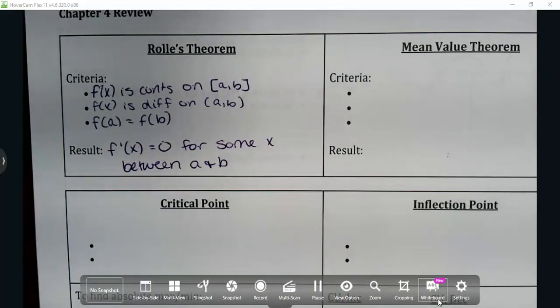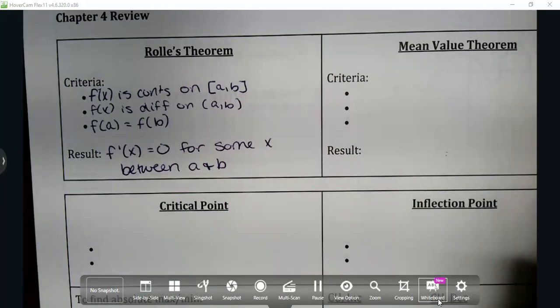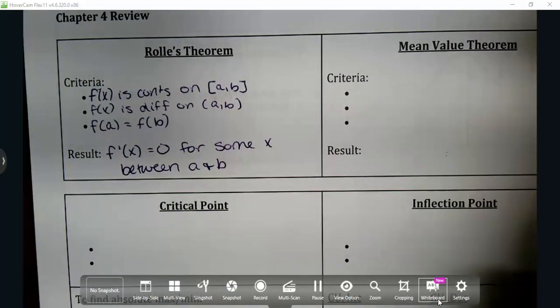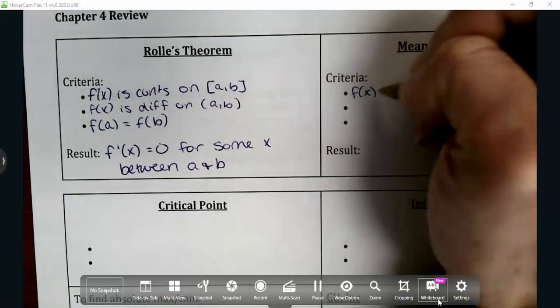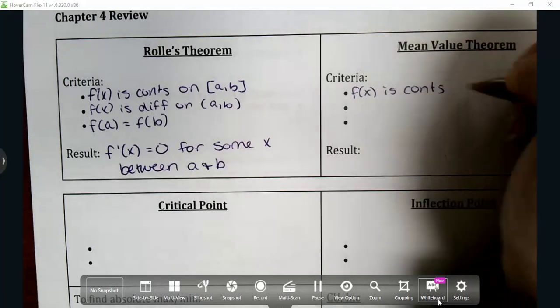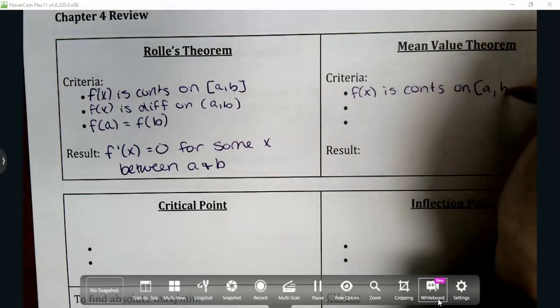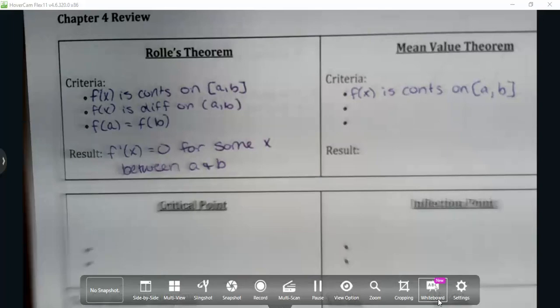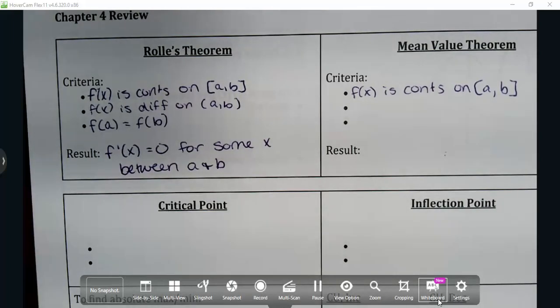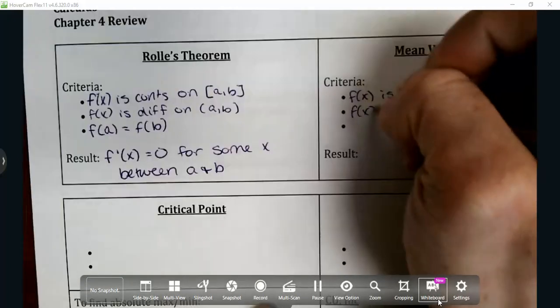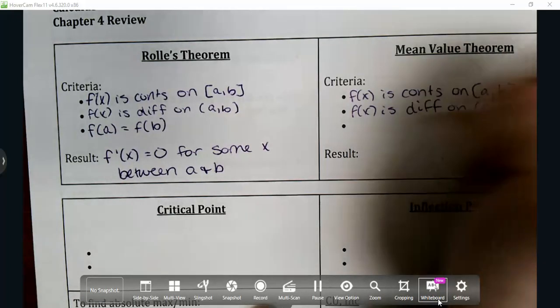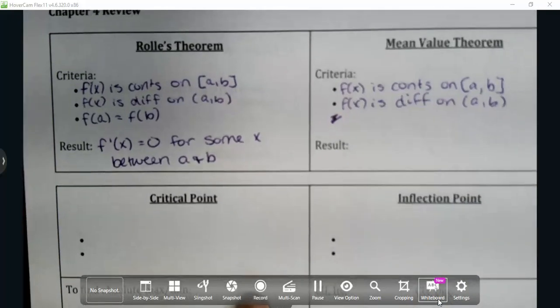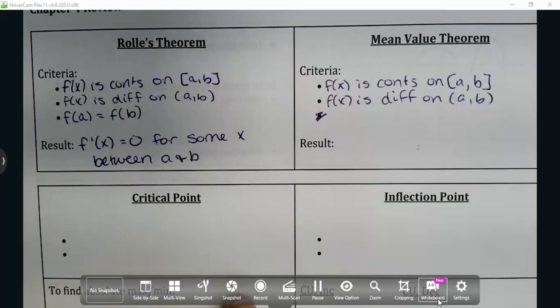All right. Mean value theorem. I have too many bullets here, but what's the first criteria? So it has to be continuous on A to B. Second criteria: differentiable on the open interval A to B. There is no third criteria for mean value theorem, just 2. And what's the result?